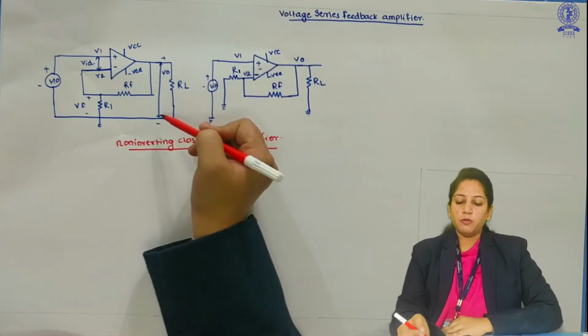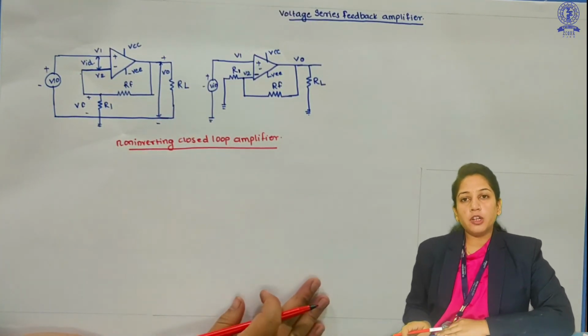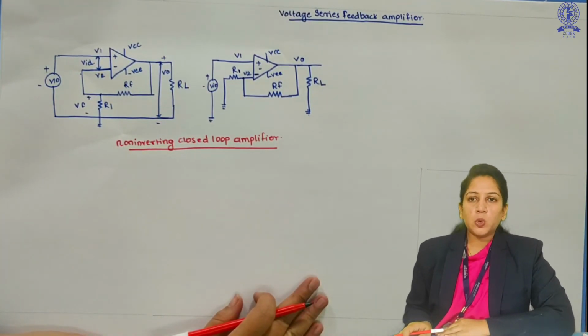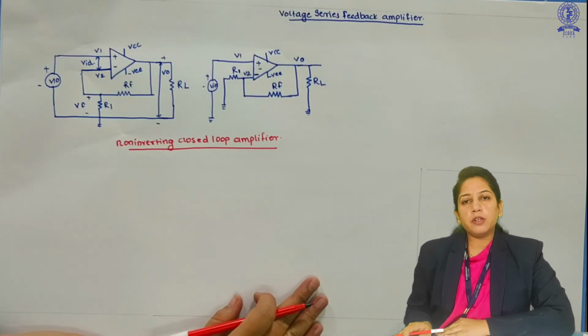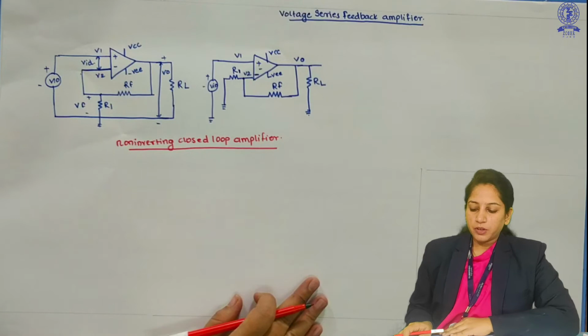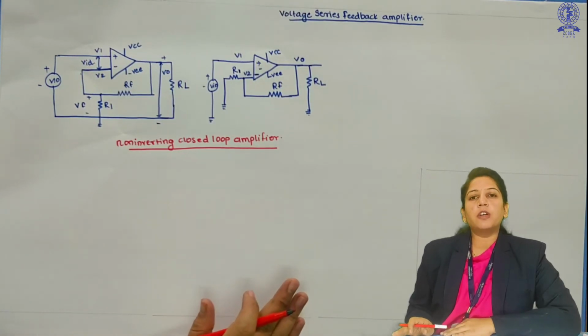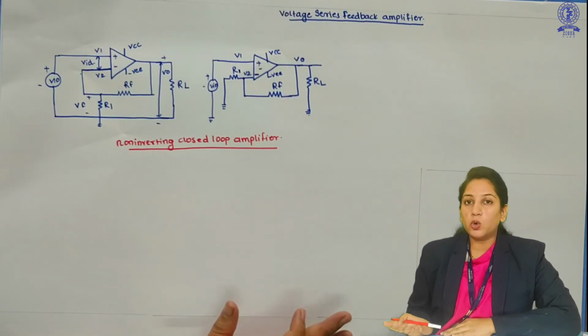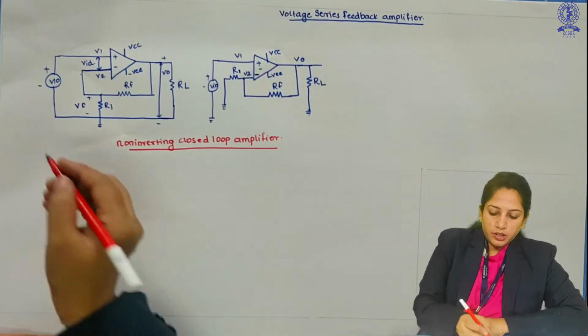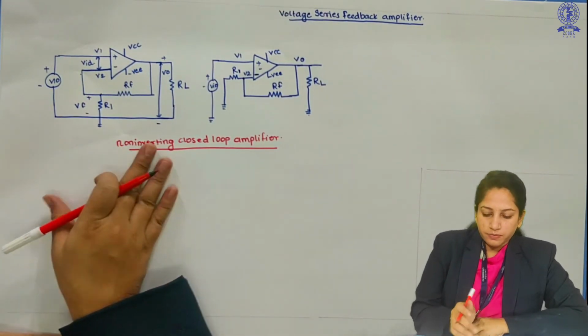Now we will derive a formula for gain, which is very important. In coming applications of the operational amplifier, we will always need this gain formula, whether for non-inverting or inverting configuration in a closed loop manner. So here I will derive the formula for gain.